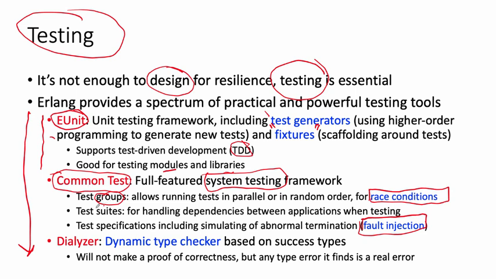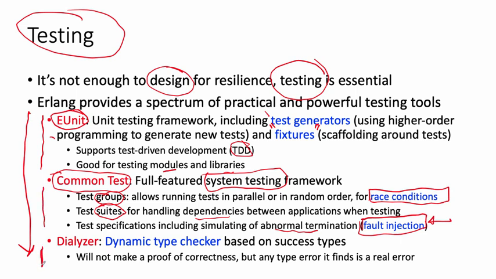I can call test suites to handle dependencies, and I can also simulate abnormal termination, fault injection. If my system is robust, if it survives a crash, I have to test that. So the testing will force processes to crash. It will do fault injection as part of the test. So this is the Common Test full-featured framework.